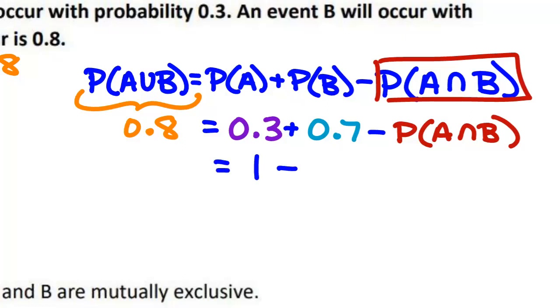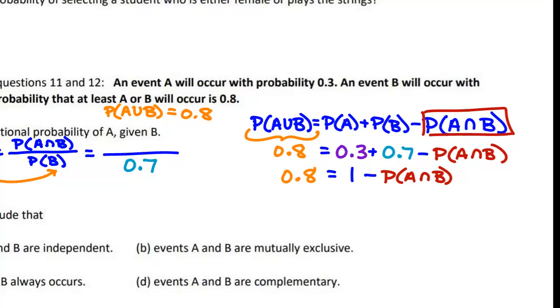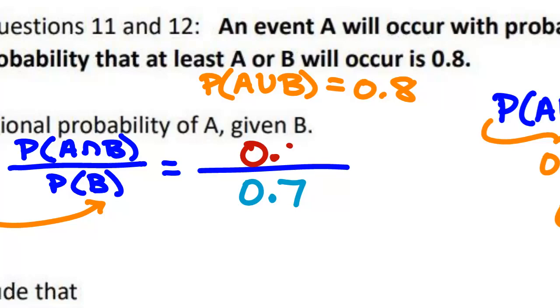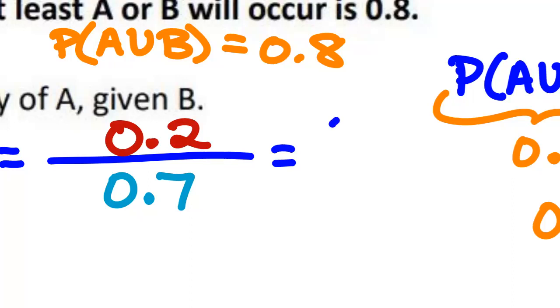I get 1 minus the probability of A and B is equal to 0.8. Well, what would this have to be if I do 1 minus that and I get 0.8? 0.2. So 0.2 is my numerator. So left in fraction form, this would be 2/7.